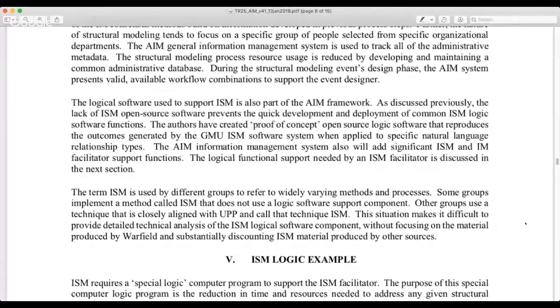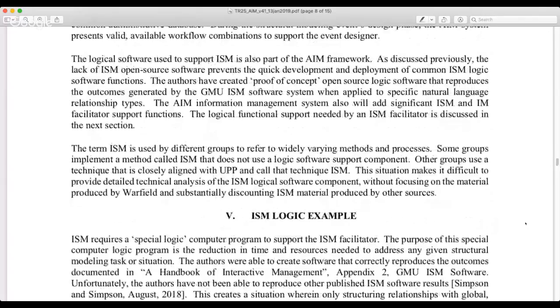And so what we really need to do is establish some touchstone that says, okay, these are the functions, these are the methods, and then these are the sub-methods and techniques that implement them. So we can start talking more precisely about what group of functions people are using and why they're doing it, and not just calling it ISM, because the namespace has been polluted to the point where it's almost impossible to tell what people are talking about.